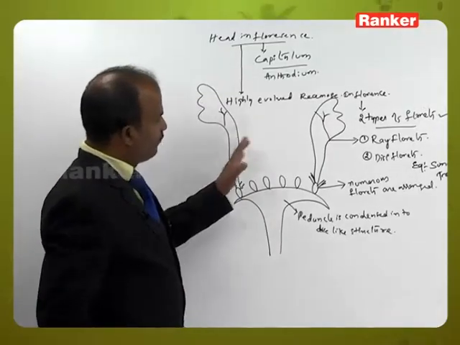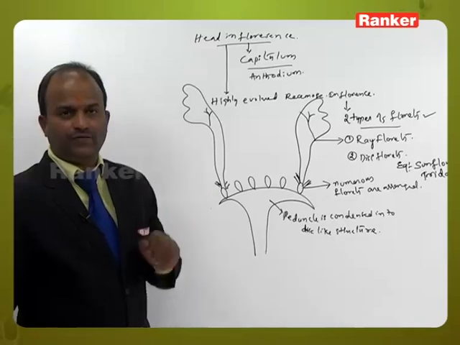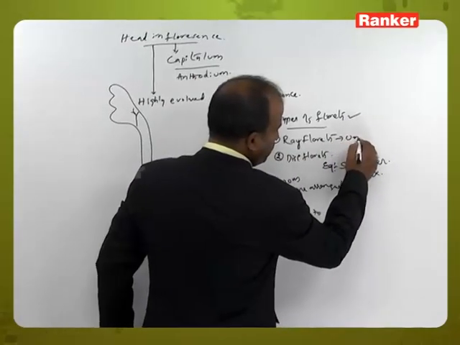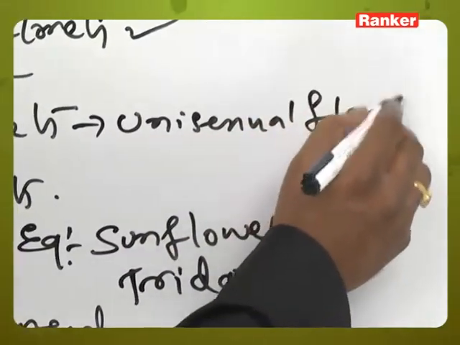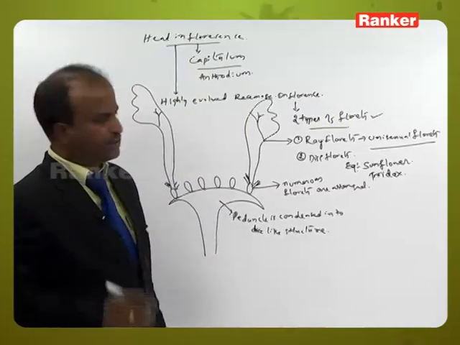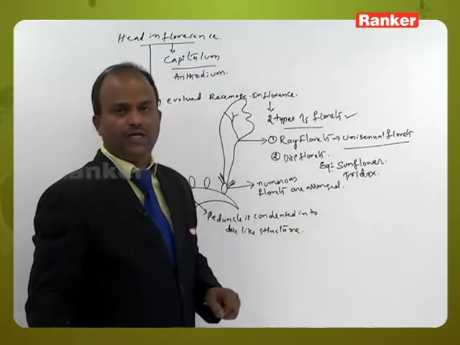Now see here, ray florets, whether they are unisexual or bisexual florets: these ray florets are called unisexual florets. Are they called unisexual female florets? Yes. Why?